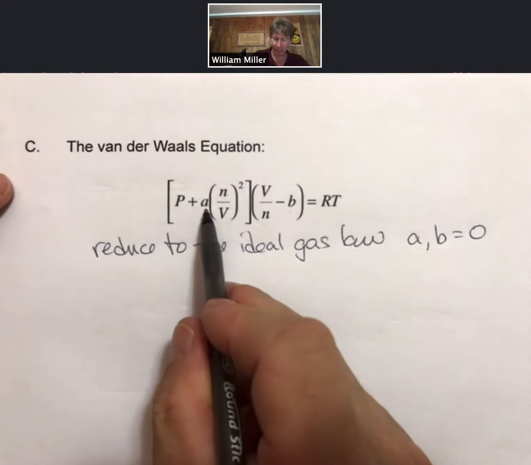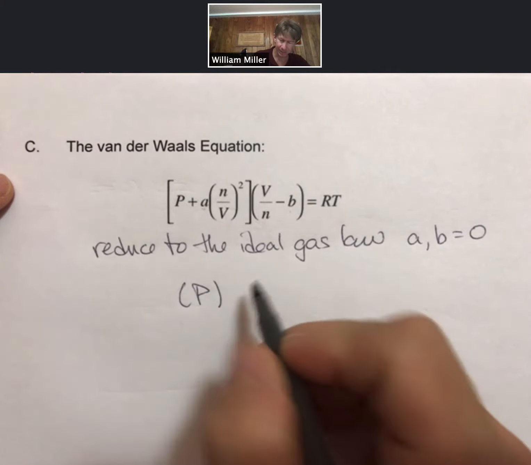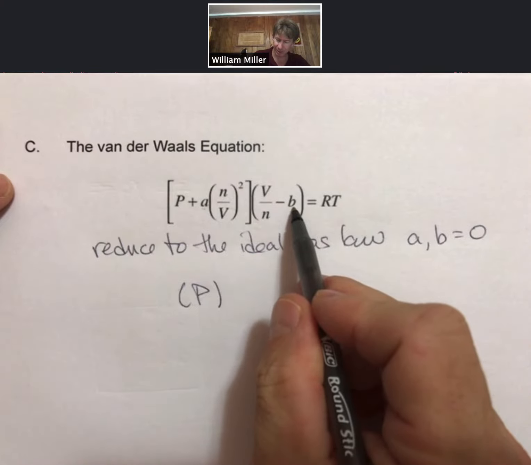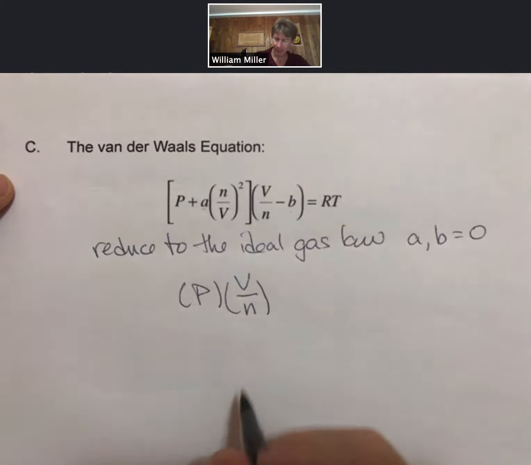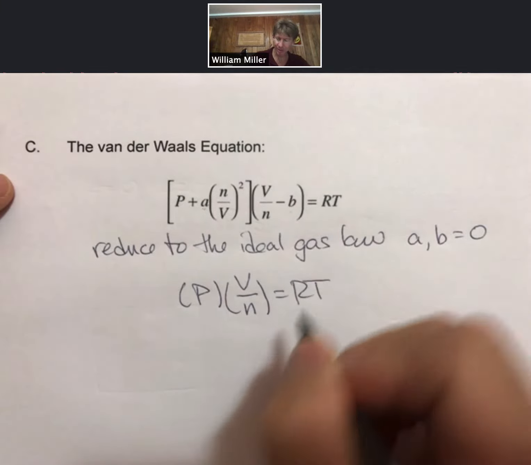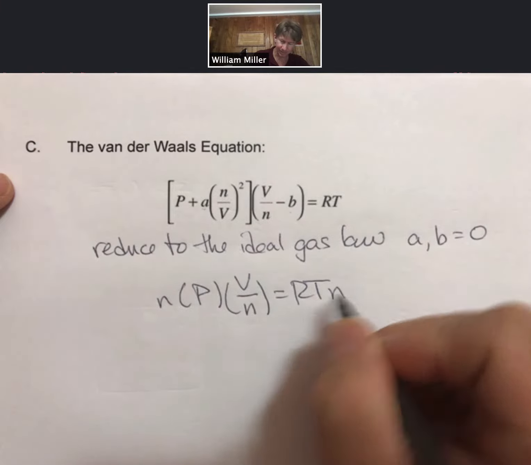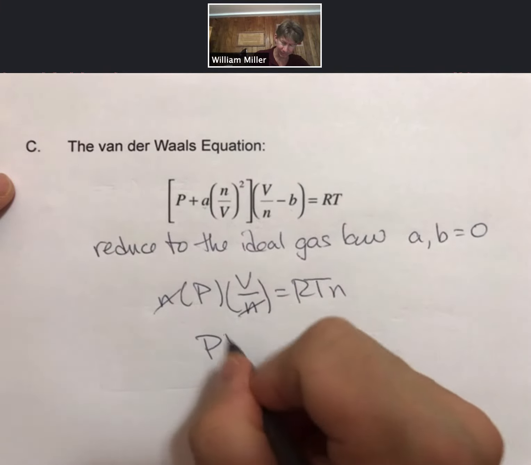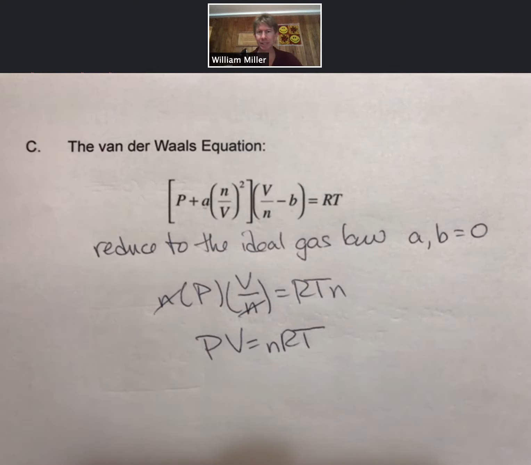When A equals 0, this term drops out and we get just P. When B equals 0, we get V over n. And then the whole thing equals RT. Multiply both sides by n, and you get PV equals nRT.